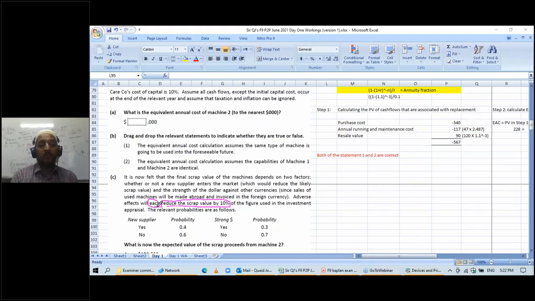Each of these means if both of them are present, the competitor also enters the market and the strength of the dollar also decreases, the decline will be 20% in the scrap value, and the scrap value is assessed to be 120,000.